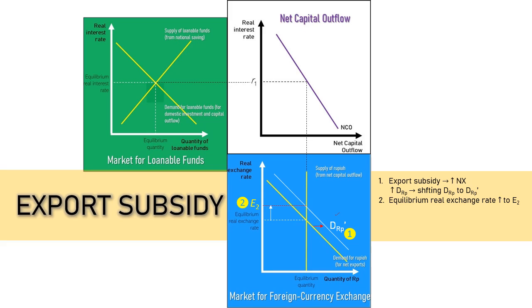But look, net capital outflow remains the same, so there is no change to NCO nor to the market for loanable funds. So it will stop here. The export subsidy will only change the equilibrium real exchange rate.